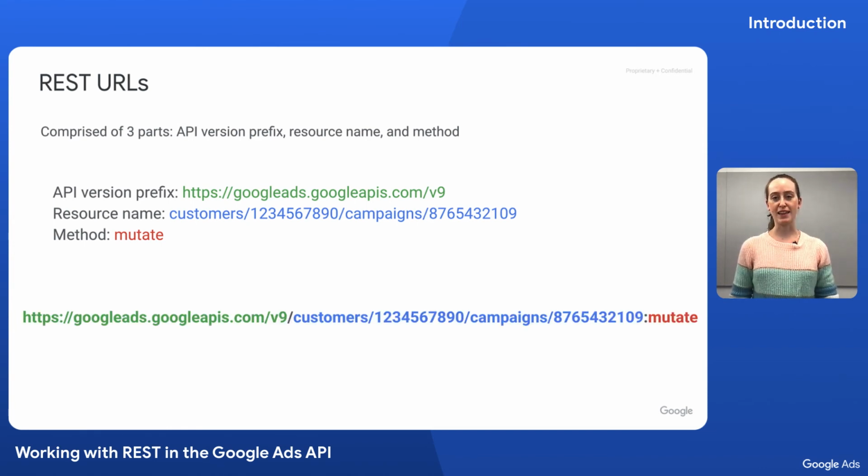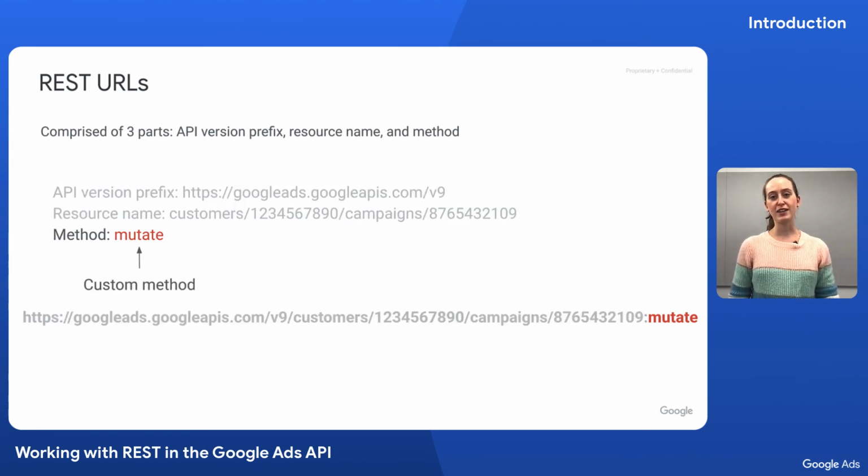When we put it all together, we get the full REST endpoint that we need to use in order to mutate this particular campaign on this particular customer. Note that we use a / to join the API version prefix and the resource name, and a colon to join the method to the end of the string.